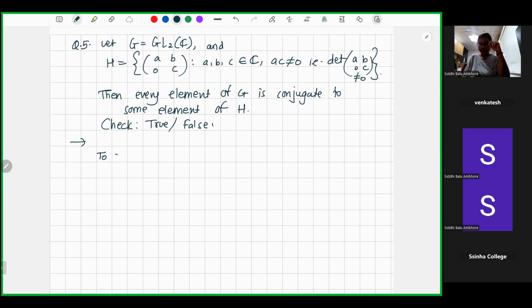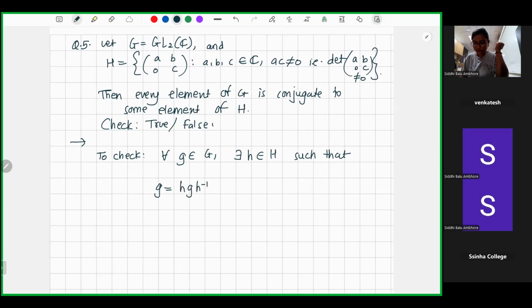So what we need to check is that for all G in G, there exists H in H such that this G is equal to HG H inverse, right?